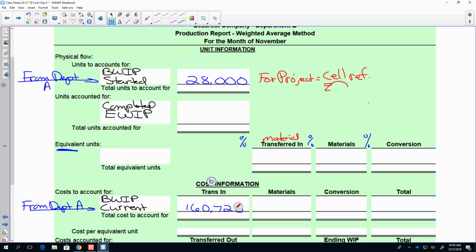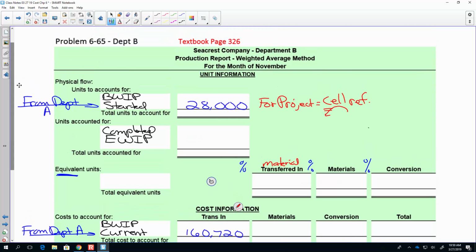So, looking at problem 65, right? We got to go to the Department B column on page 326. How many units did I have in beginning inventory in Department B? 8,000. Does everybody see that 8,000? Add them up.